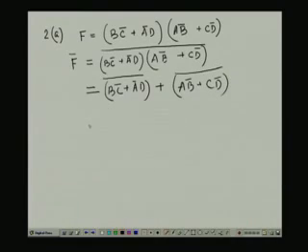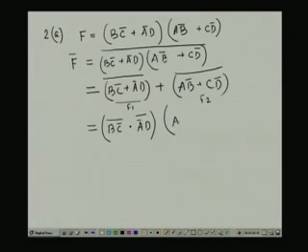So, if we take this as the f1 function and this as f2, then f bar is f1 complement plus f2 complement. Now, if we apply the same De Morgan's law, the first term becomes BC bar complement of that dot A bar D complement of that. Similarly, this will be AB bar complement of that dot CD bar complement of that.